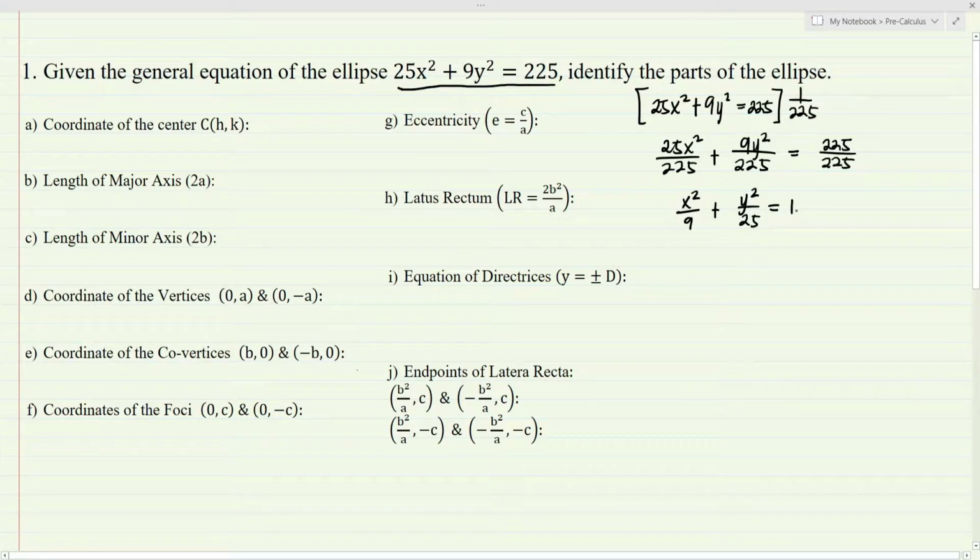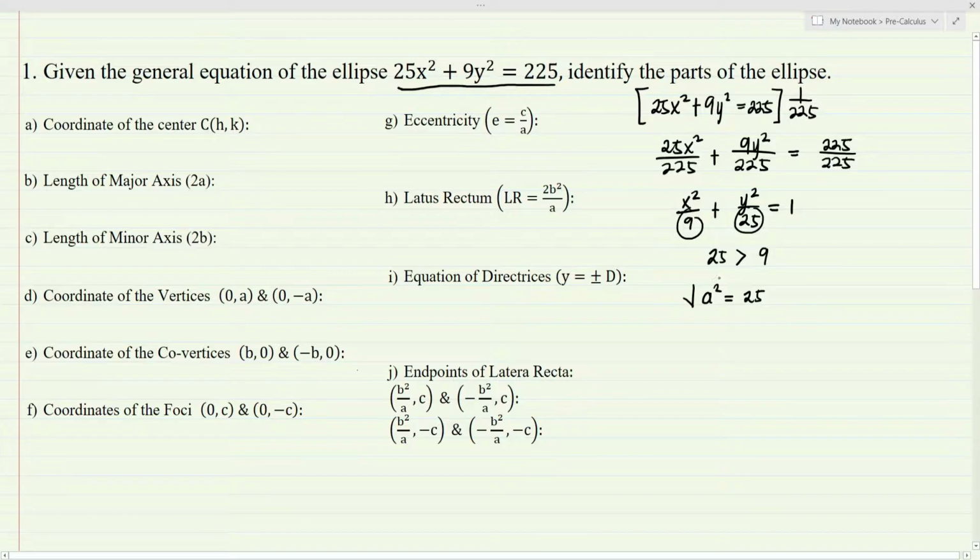And the next step here is to solve for the length of the semi-major and semi-minor axis by comparing these two denominators. So always remember, the square of the semi-major axis is always the larger denominator. And since 25 is greater than 9, our a squared, or square of our semi-major axis, would be equal to 25.